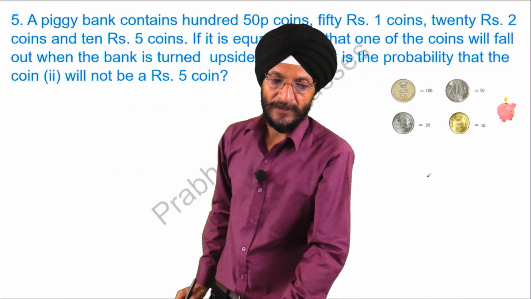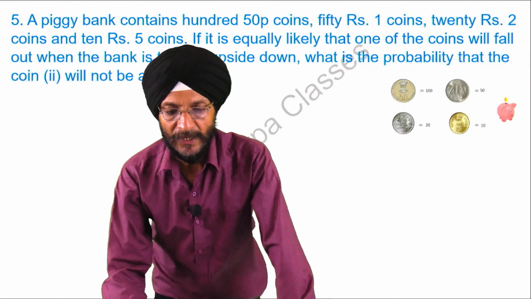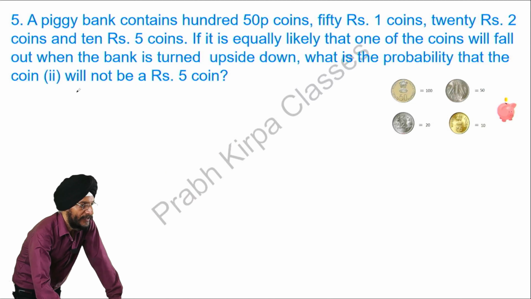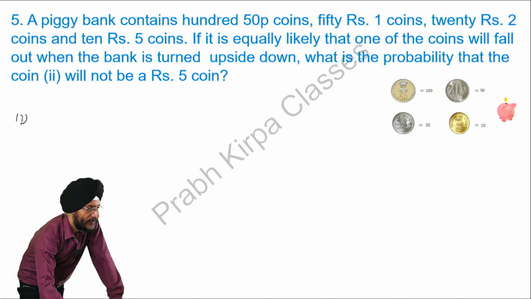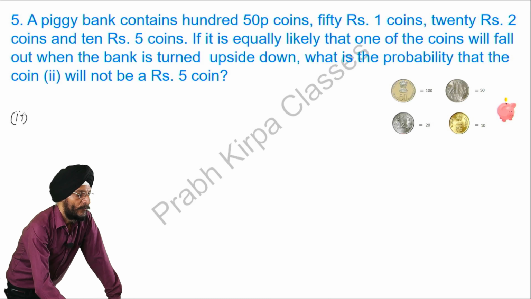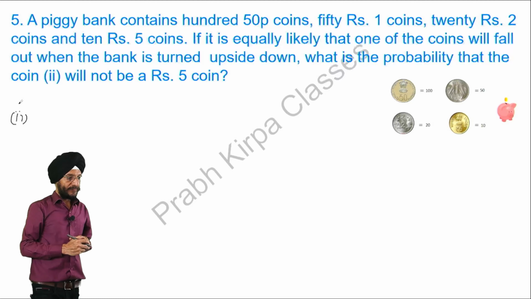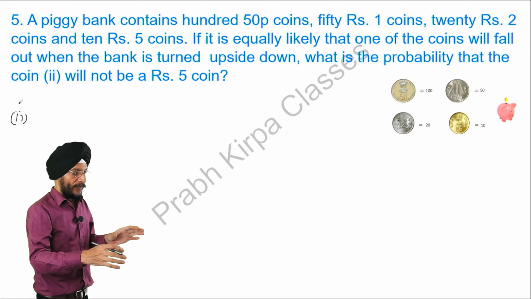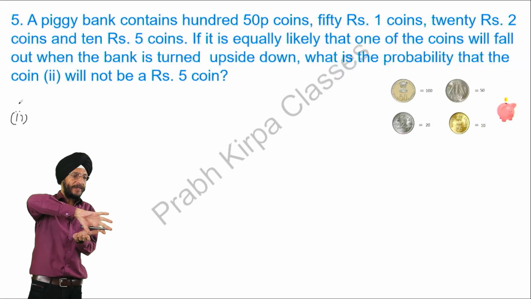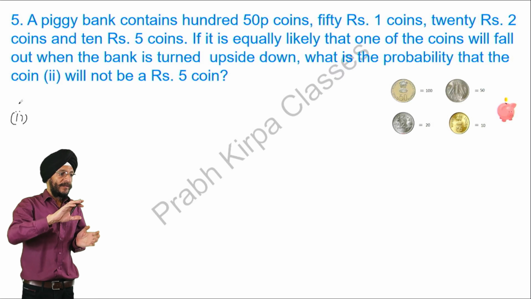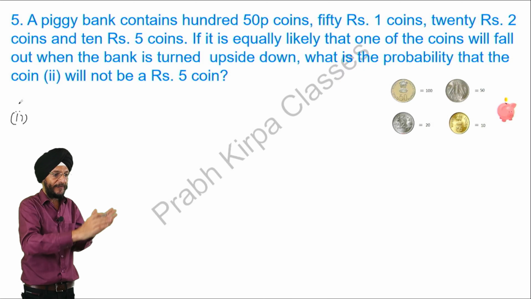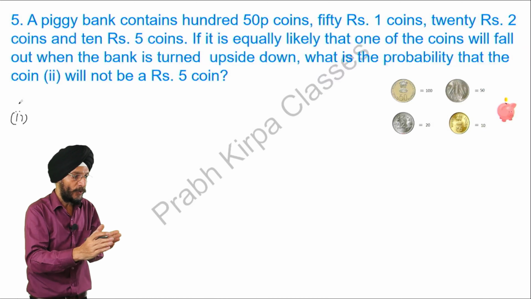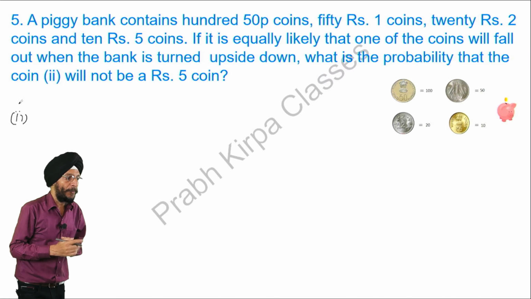Now the second part. The second part says that what is the probability that the coin will not be a 5 rupee coin. In other words, we want that when the piggy bank is turned downside, it should not be the 5 rupee coin, but it can be any other coin, that is the 50 paisa coin, 1 rupee coin, or 2 rupee coin.